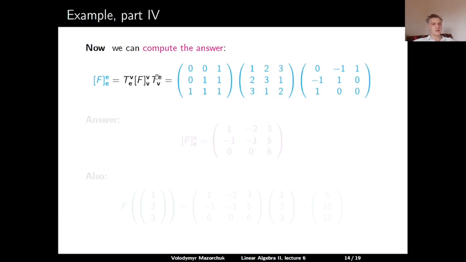And then we have the transformation matrix from V to E. This is 0, minus 1, 1, minus 1, 1, 0, 1, 0, 0.